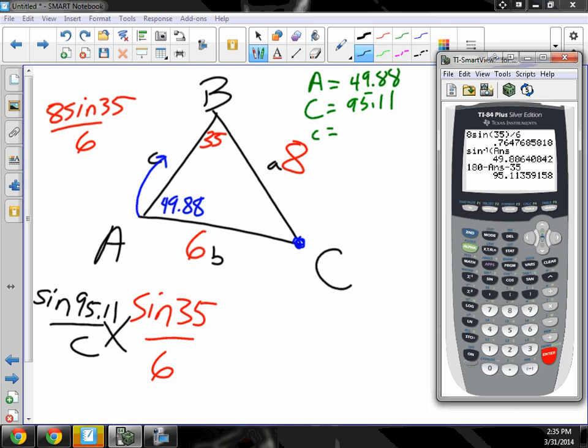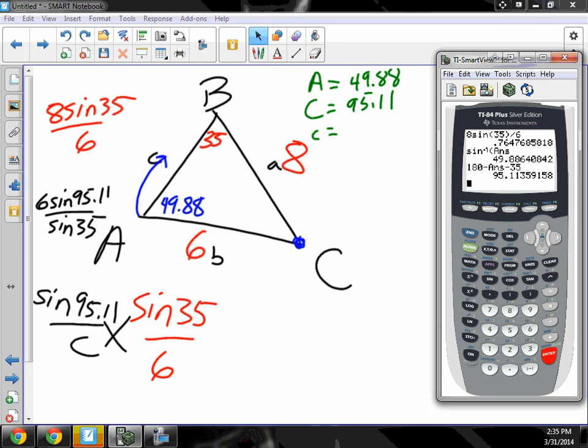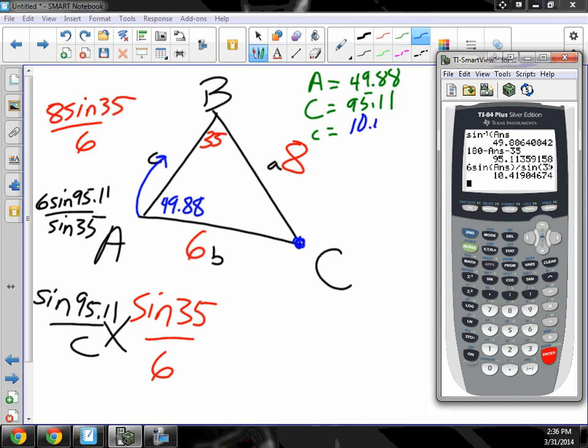Cross multiply. 6 sine of 95.11 over the sine of 35. So 6 sine of this angle divided by the sine of 35. So now I have 10.42. So that's the answer to the first triangle.